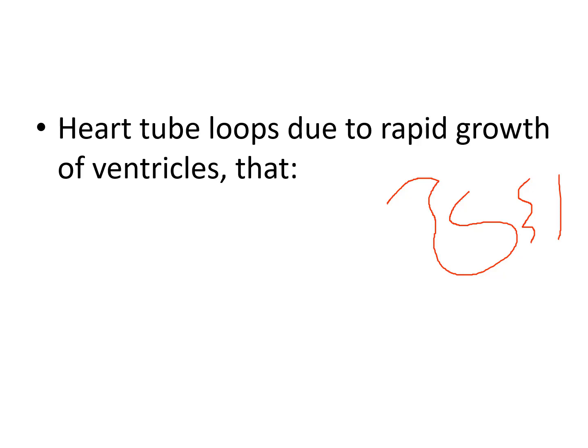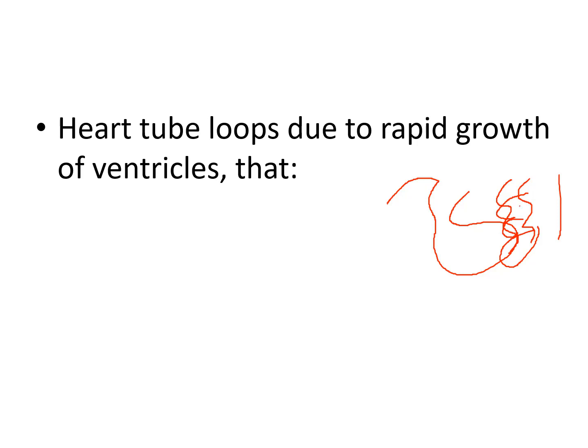This loop in the adult heart is important for the positions of the atria and the ventricle, because if you look at the primitive heart tube which you have seen, the venous end was here and the atria was here, then the ventricle here. Okay, so what is abnormal about this? The atria is below the ventricle.